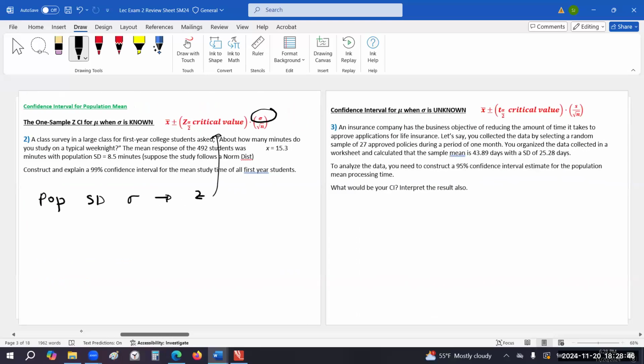But if you are not given the population, you're given a sample. See here, it's just a sample mean with a standard deviation. So this is the sample standard deviation. If you're given the sample standard deviation, that means you are working with T. For confidence interval, it's two tail, always.